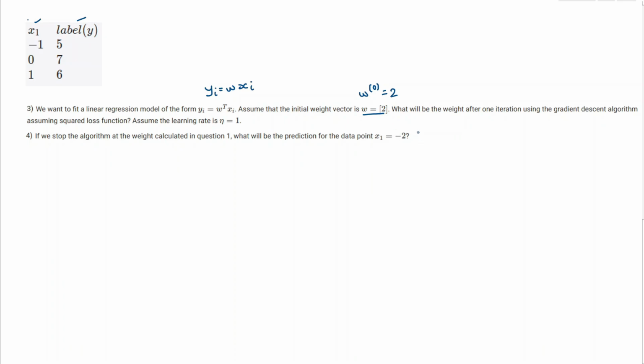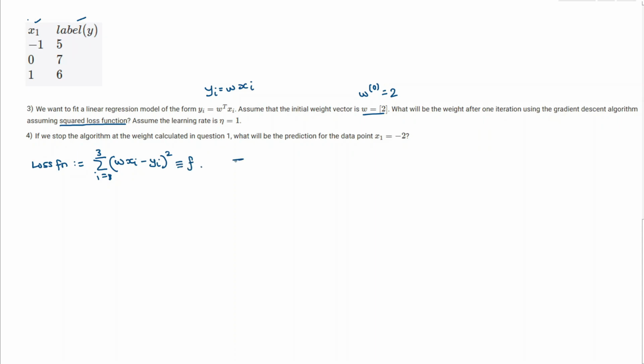The question asks what the weight will be after one iteration using the gradient descent algorithm, assuming squared loss function. So what is the loss function here? The loss function is given by the sum over i running from 1 to 3, because there are 3 data points, of (w xi minus yi) squared. Let me call this f.